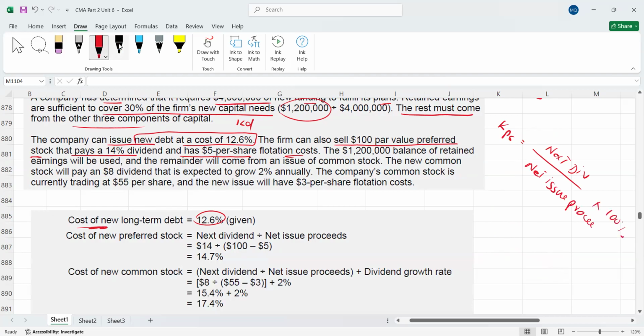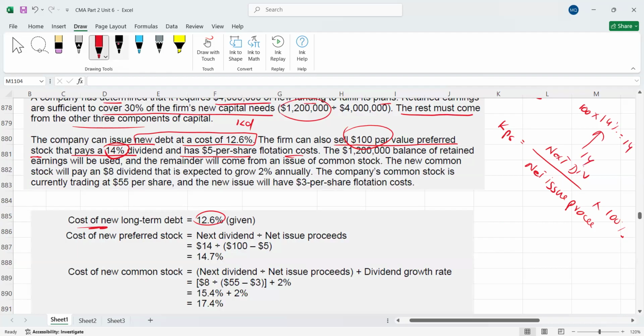Okay, now dividend is not given straight away, but he told you it's a 14% dividend. So if you want to calculate dividend, please remember dividend we will always calculate on the par value. So par value is $100, so $100 times 14%. So it means $14 is the amount of dividend per stock divided by net issue proceed.